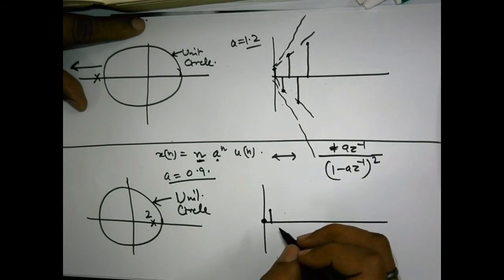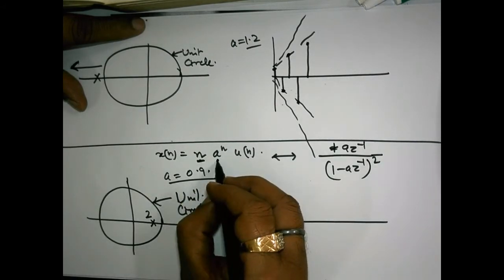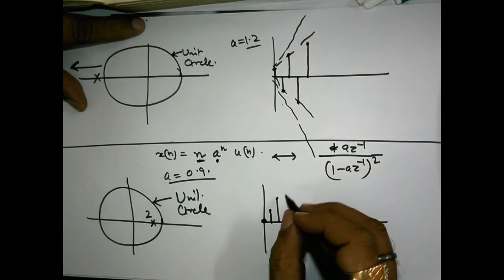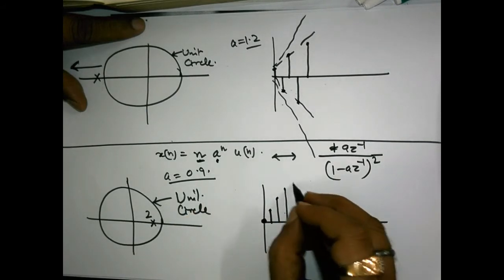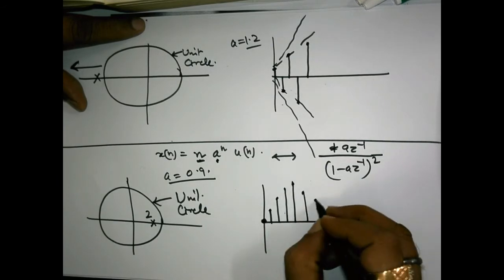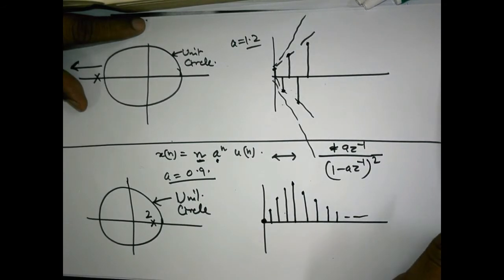Then n equal to 2 gives 0.9 to the power 2, and so on. Up to some point it will rise like this, then you will observe that it decays. This will be the shape of your signal.